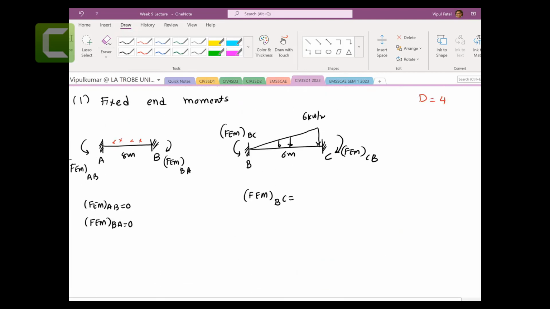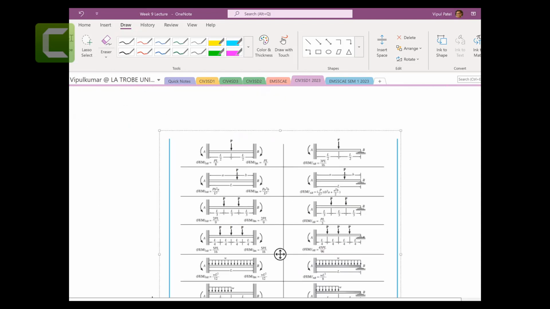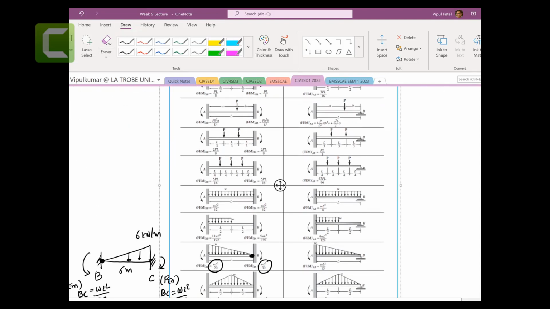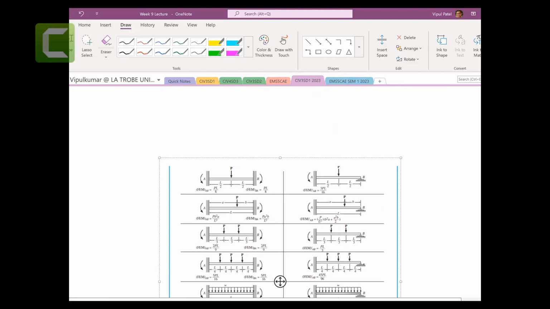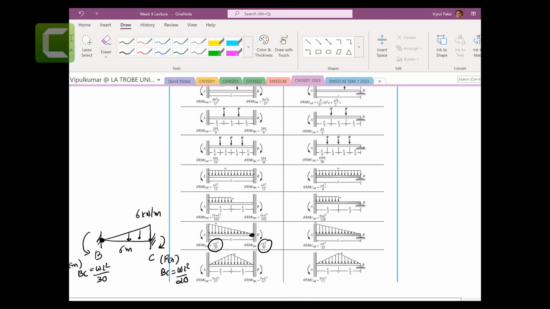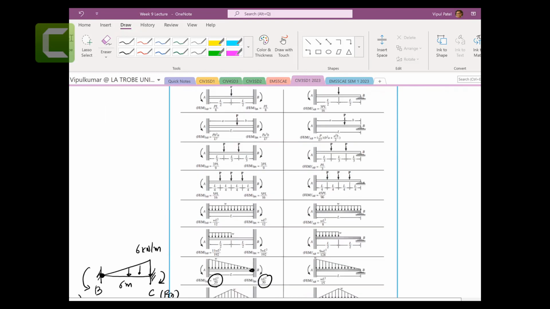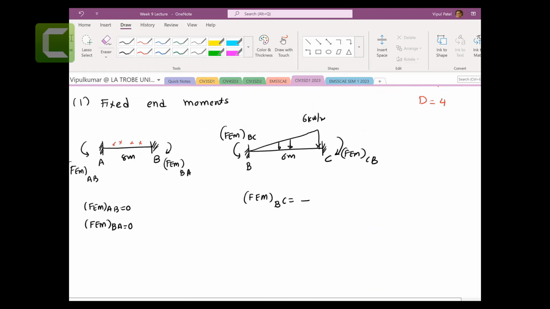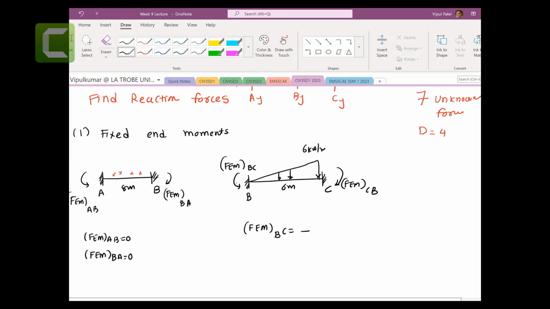Fixed end moment of BC, and that BC we are having these ones. We would have a minus because it is going this side, and that is anti-clockwise. So you can see at the start you can say that clockwise is positive. Clockwise is positive, right?